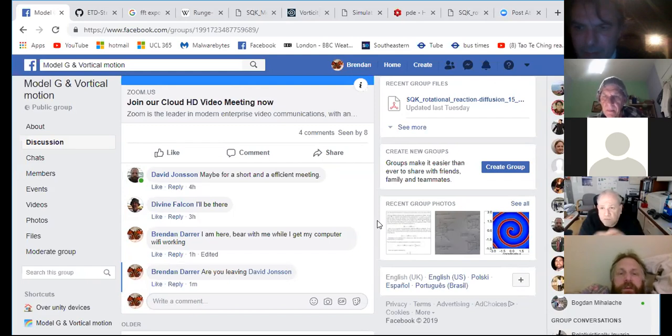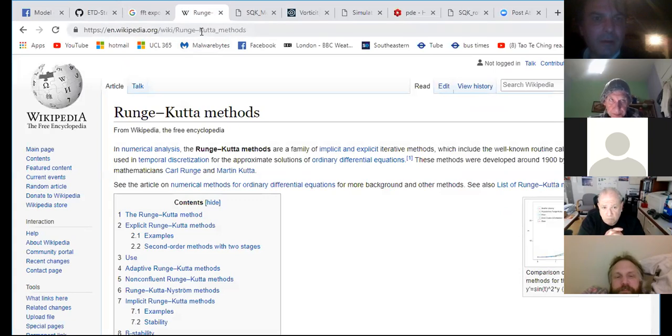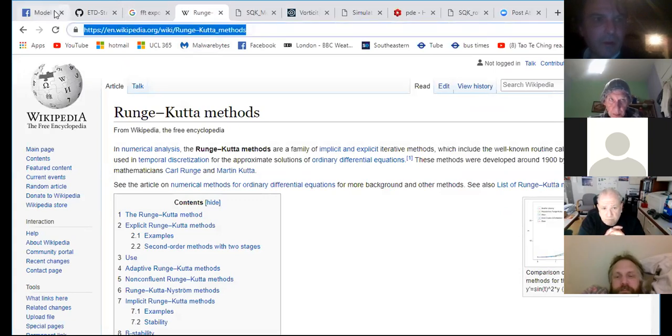We can go over the equations and the code and how they correlate next week. Everybody can take a look at Runge-Kutta, everybody can look at the fast Fourier transform, and everybody can look at the code and see how they correlate. So I'll put that down.